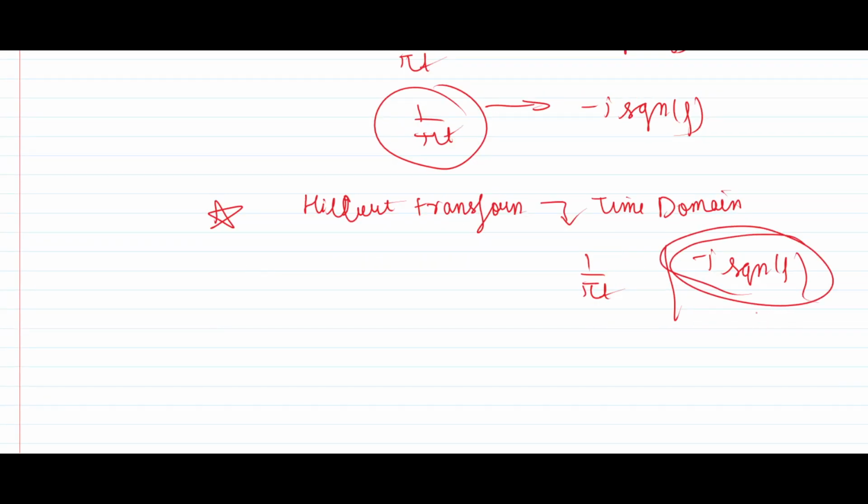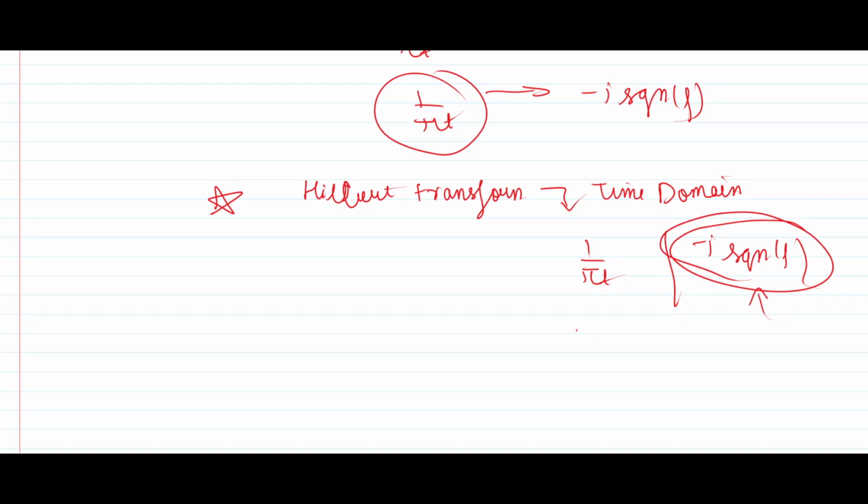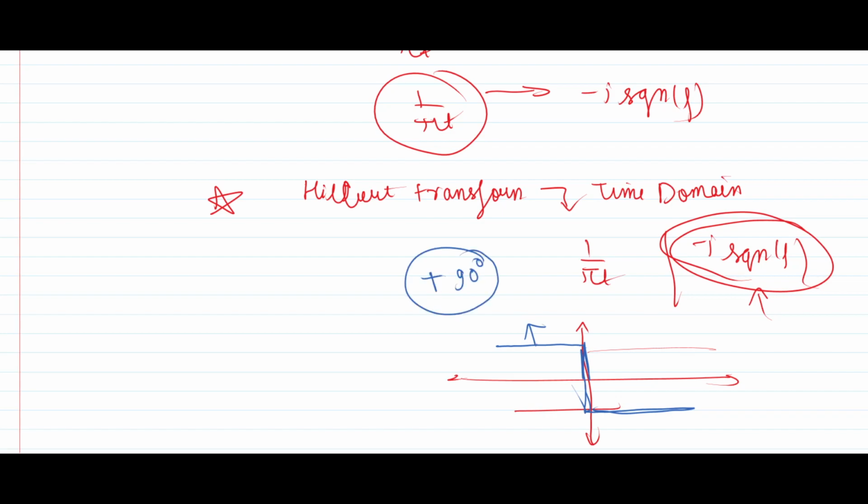So how to write minus j signum function of f? This is signum function of f, but if you multiply it by minus j, what will happen is it will reverse. So it is a plus 90-degree phase shifter in the negative part, and it is a minus 90-degree phase shifter in the positive part.